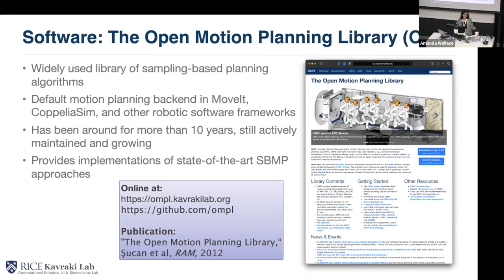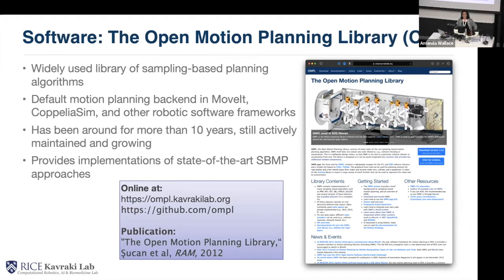The OMPL library that was just mentioned was and is still an effort to systematize and compare sampling-based motion planners. It grew out of frustration because at some point there were papers appearing at robotics conferences, and every paper claimed that it was better than the paper before it, but it was not clear why this conclusion was made.